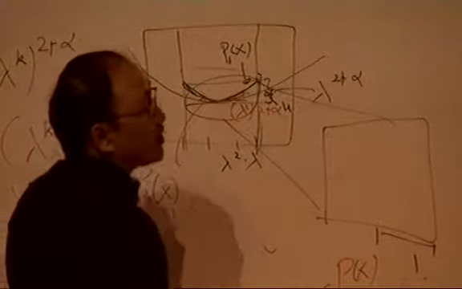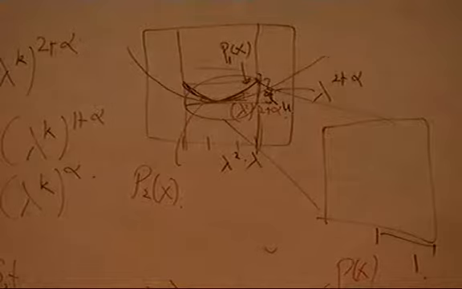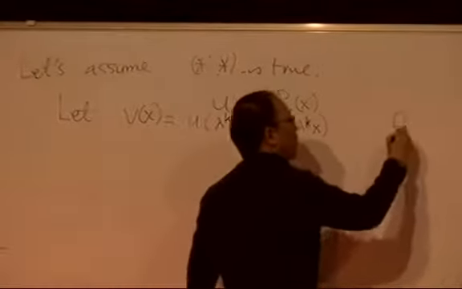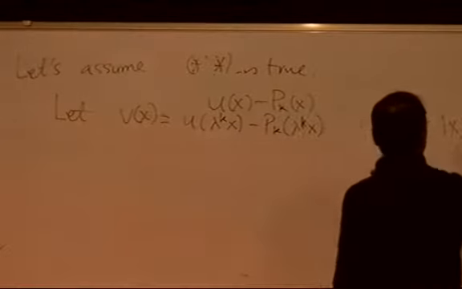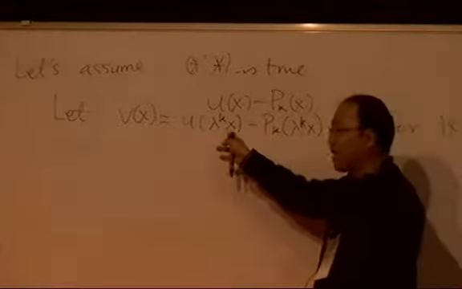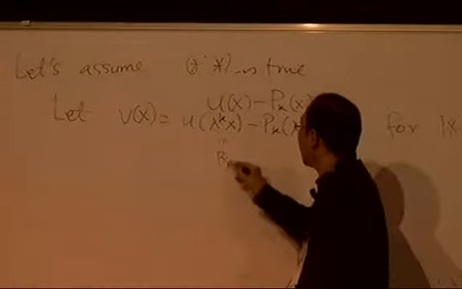So in other words, this is u(lambda^k x) minus p_k(lambda^k x), for |x| less than 1. Okay? If x belongs to B_1, then lambda^k x belongs to B_lambda^k.